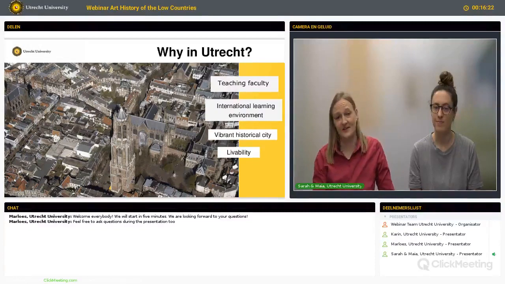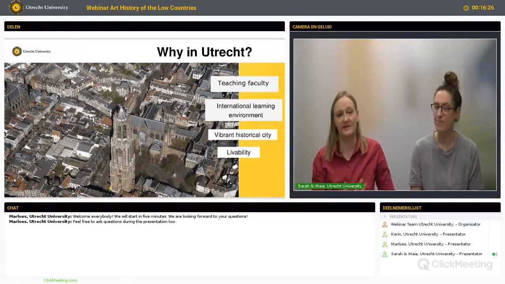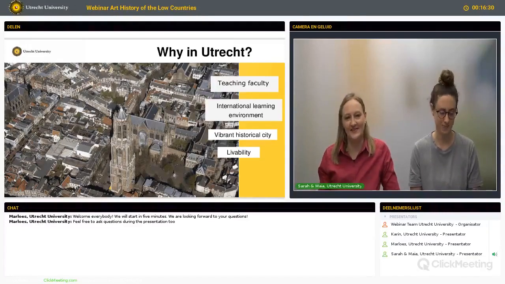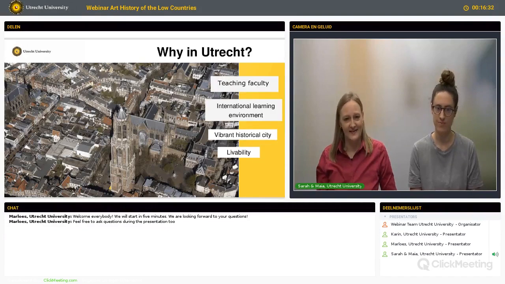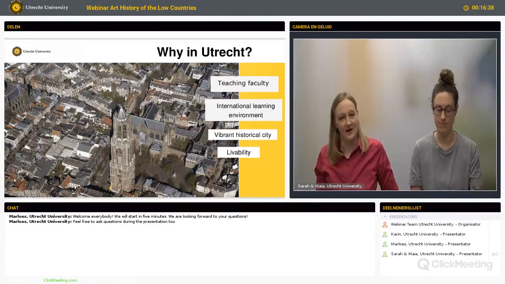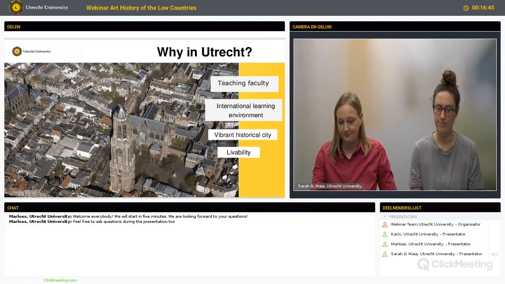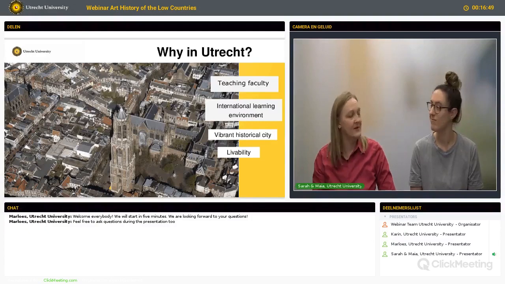We have really strong connections to other universities, and as Maya said, there's a very strong tradition of art history here, and you're really integrated into the network of art historians more broadly in the Netherlands. So if you're here, you know the people working at Leiden, you know the people working in Amsterdam, and Groningen as well, our main centers.